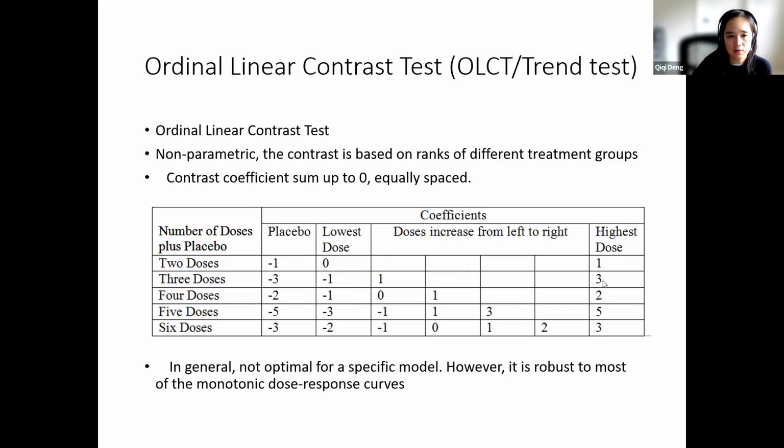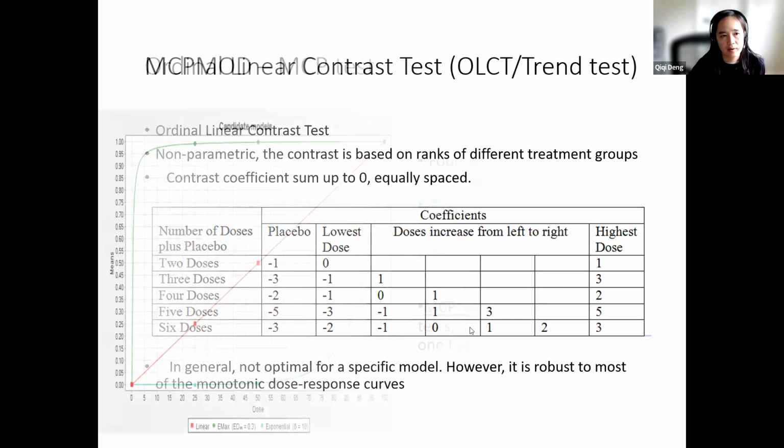So essentially, you're comparing the higher dose versus lower dose, but giving the highest dose and the placebo the maximum weight at the two ends. So basically, this kind of testing is using ranks of different treatment groups to come up with a contrast test.